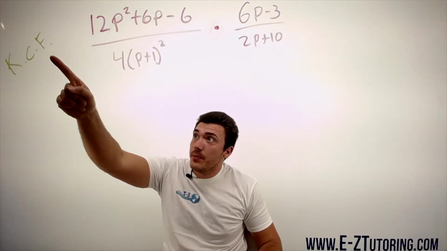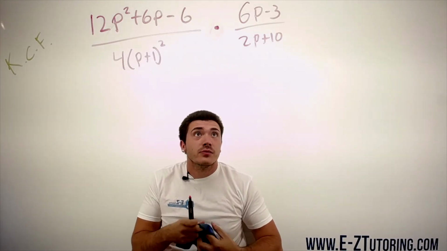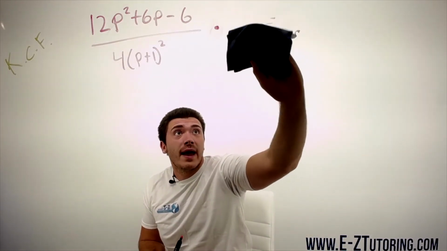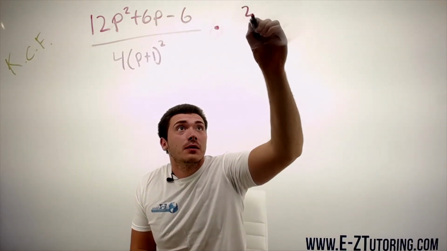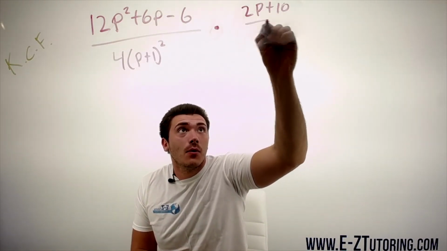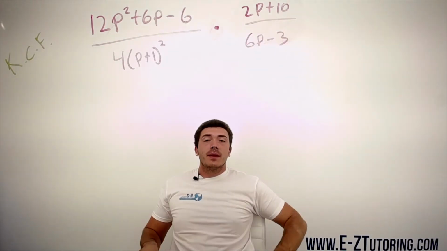And then flip means you take your last fraction and you flip it. So instead of this, we will have 2p plus 10 over 6p minus 3. So we went ahead and flipped it.